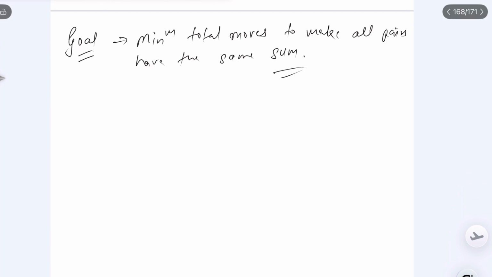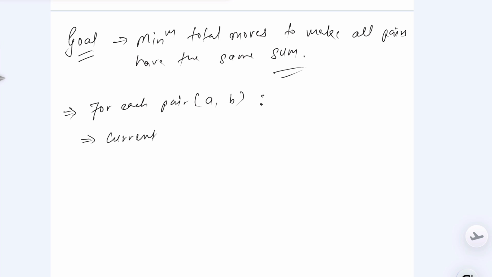Now think, let's think a little interesting. For each pair, let's suppose we have A and B, two elements. What is the current sum?